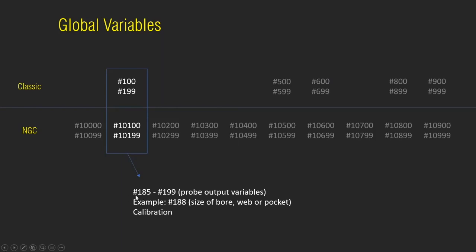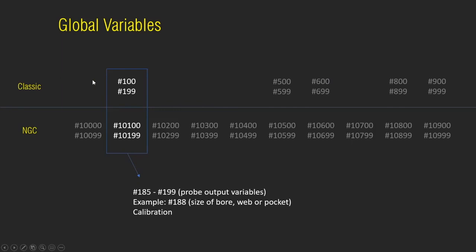And I'm only listing this as the 185 through 199. In here would be 10,185 and 10,199. Although you can still write the program using just like what you see here, 185 to 199. You don't have to put it as 10185.